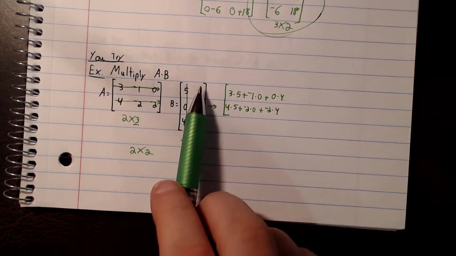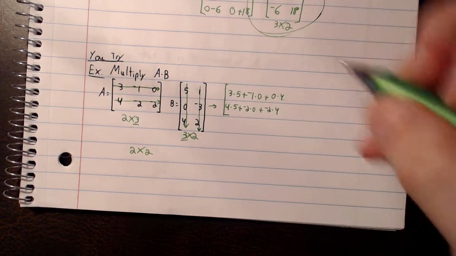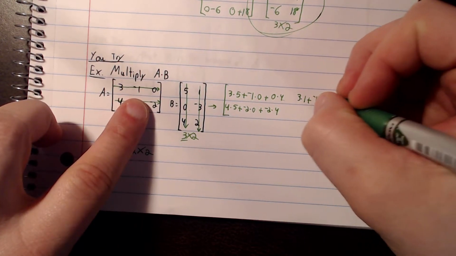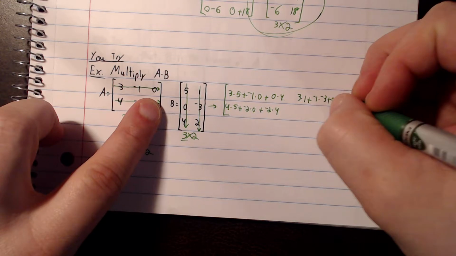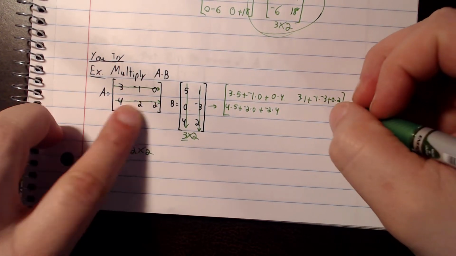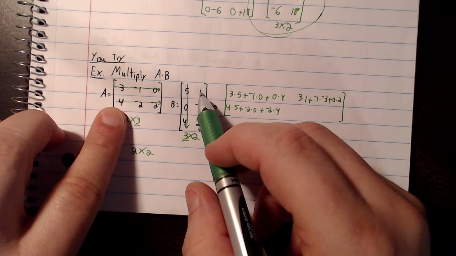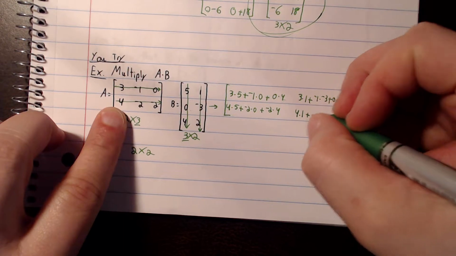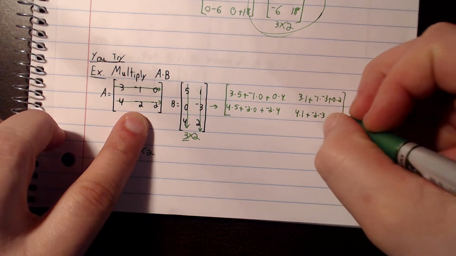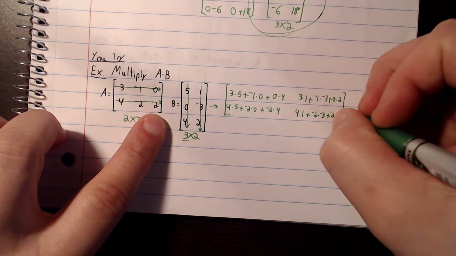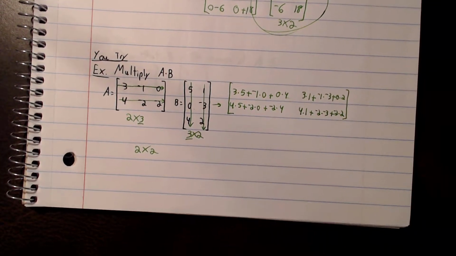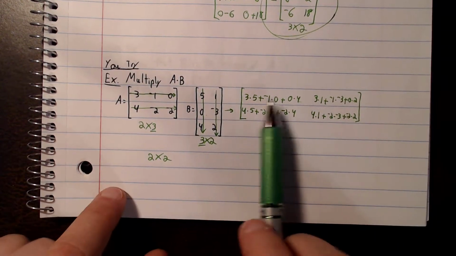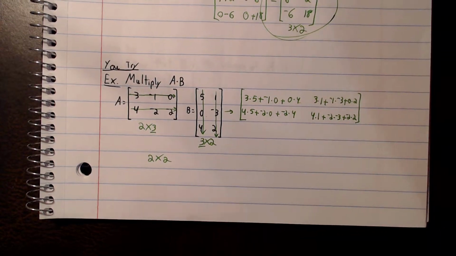I have to do the first row, second column. So now I'm doing all these. 3 times 1 plus negative 1 times negative 3 plus 0 times 2. Now I'm going to do second row, second column. 4 times 1 plus negative 2 times negative 3 plus negative 2 times 2. That's what all the multiplication and addition steps for each entry is going to look like.